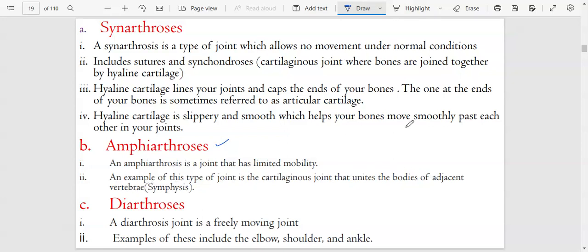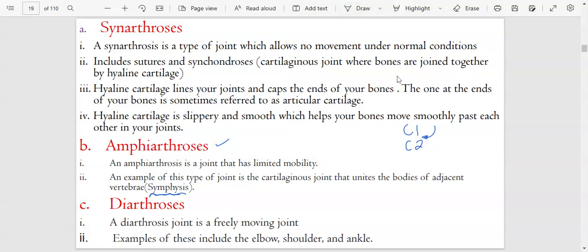When you have, let's say, cervical bone number one and cervical bone number two, the joint that is going to connect these two bones is what we call a symphysis. A symphysis is a joint that connects different vertebrae. That is an example of amphiarthrosis. It allows a little movement.